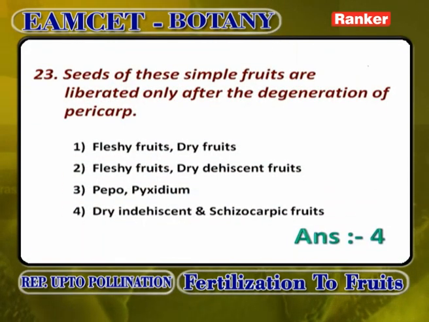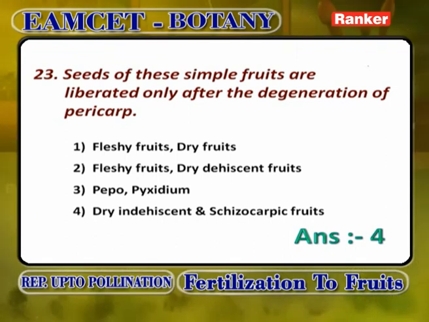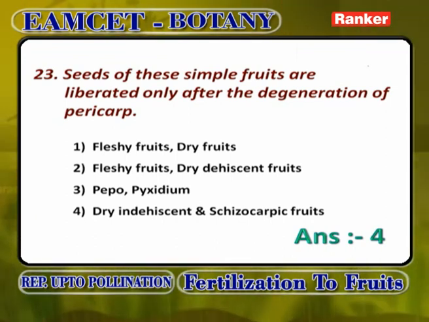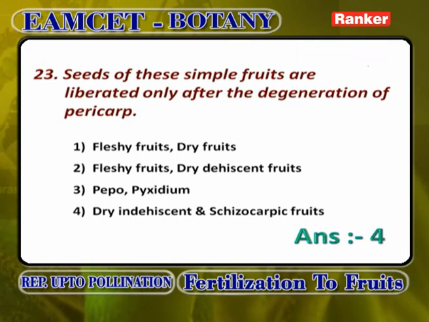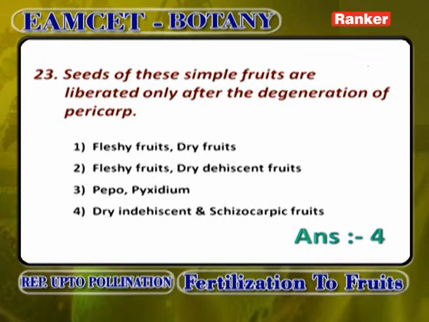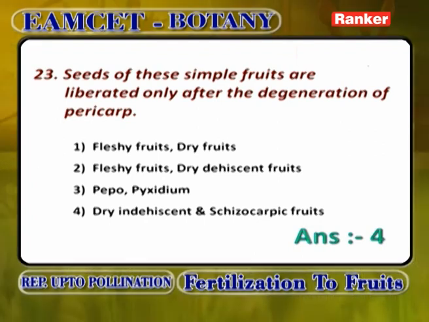Seeds of these simple fruits are liberated only after the degeneration of pericarp. Whenever the fruit wall completely disintegrates, then only seeds are liberated, in the case of dry indehiscent fruits and schizocarpic fruits. In fleshy fruits also, the seeds are liberated only after the degeneration of pericarp. But the combination given here is dry fruits, and in all dry fruits seeds are not liberated after the disintegration of pericarp.